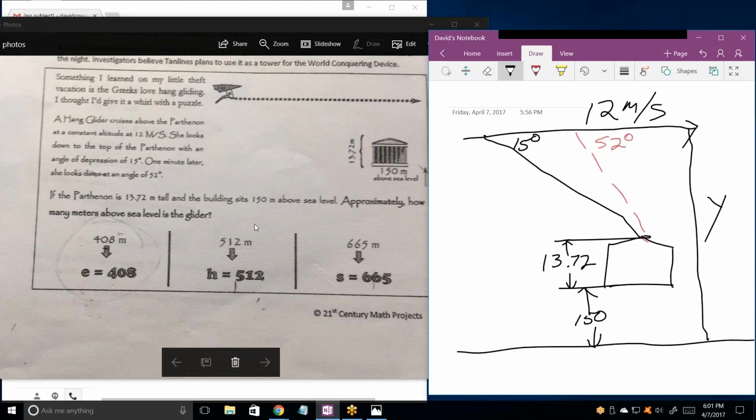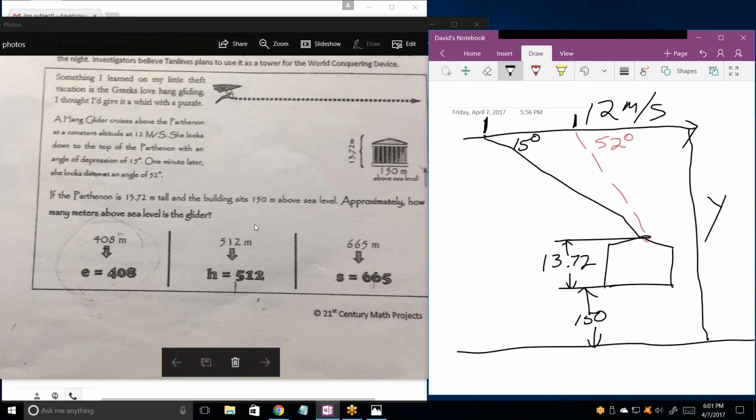Is this an accurate picture, you think? Yeah, I think so. So the first thing we can figure out is this distance right here. If the glider is moving at 12 meters per second, and this took place 1 minute later, what's that distance?